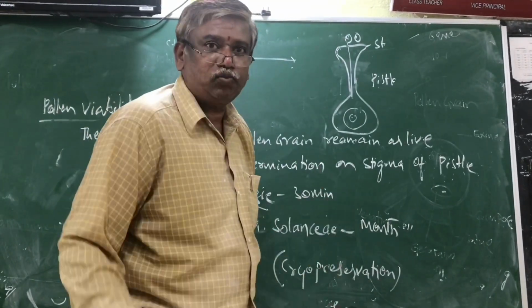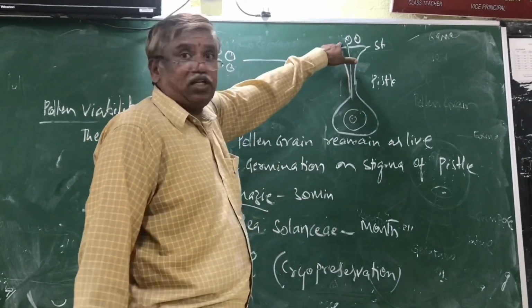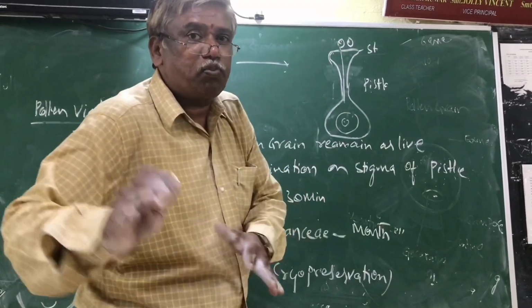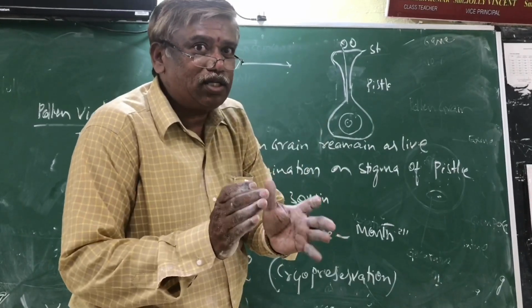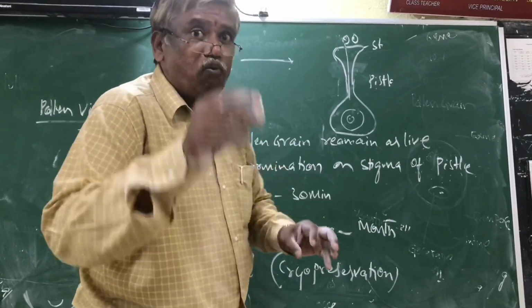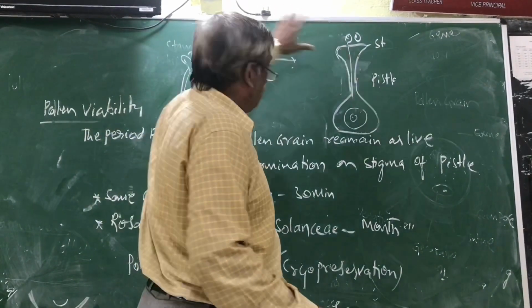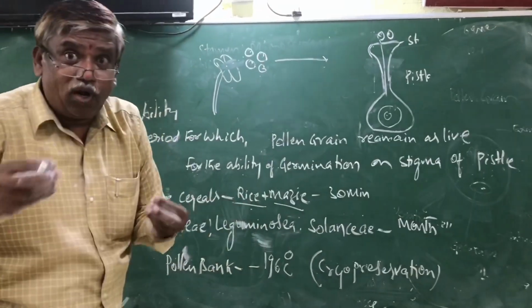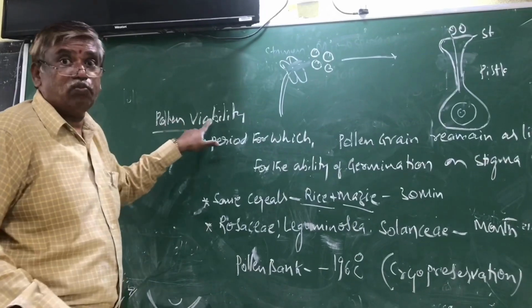They become dead. If it is after 1 hour and it is deposited on the stigma, it is dead and the continuous processing does not occur. That means some period is there from dehiscent anther to deposition. This requires some duration for survival of pollen. Hence, it is called pollen viability.